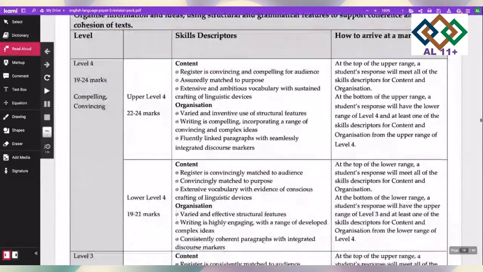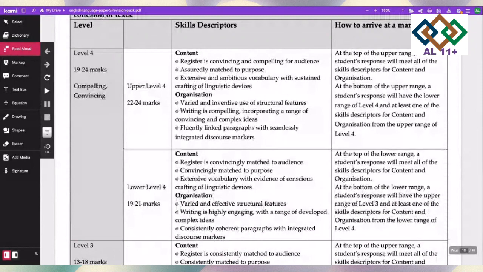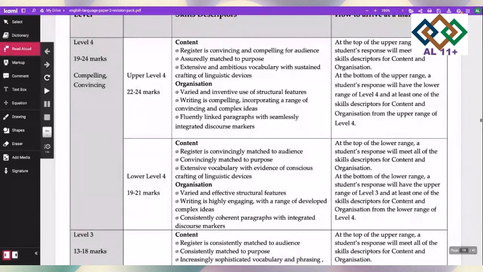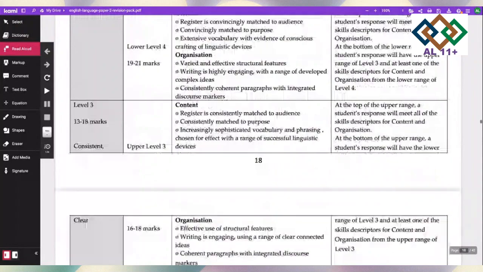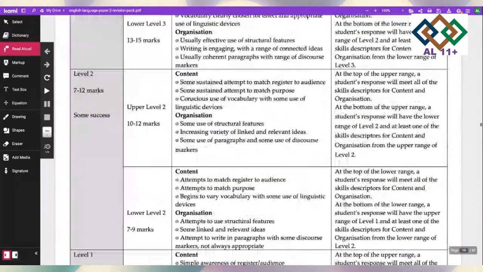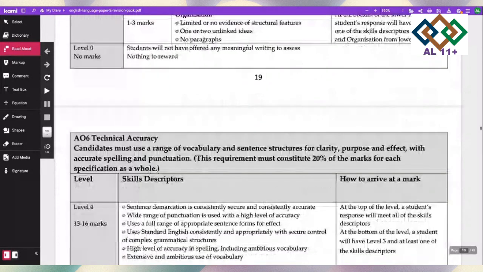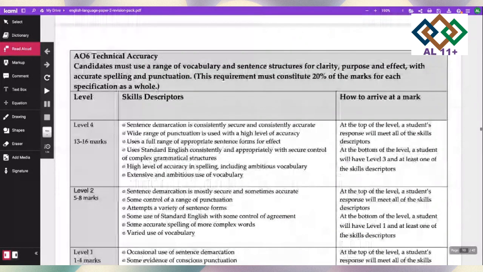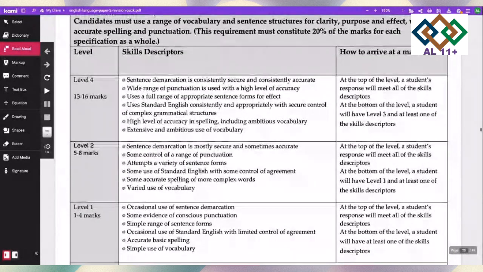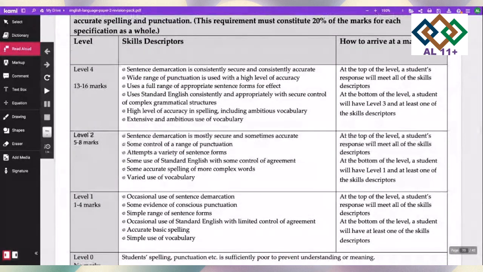And again, this is the marking scheme which is attached for you to see what you could write here. You have to double check your sentences.